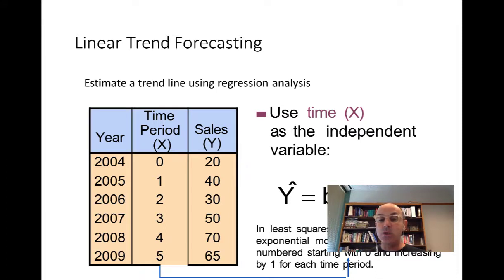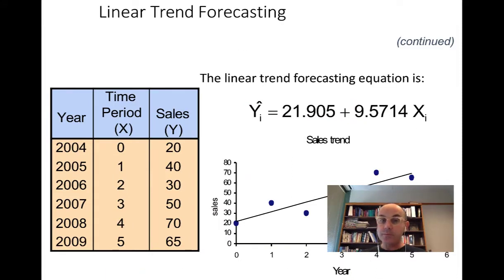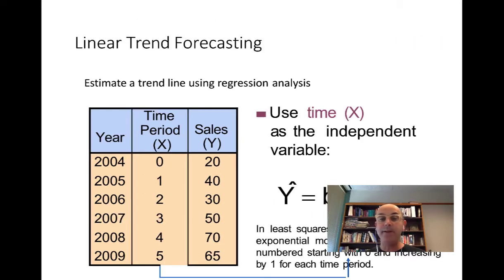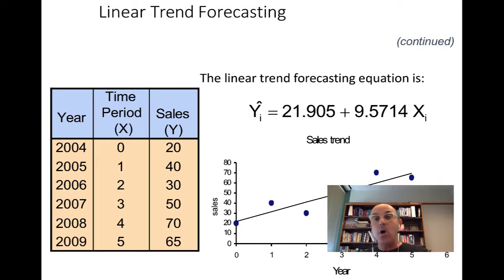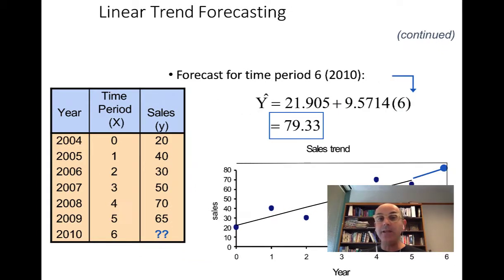So in this case, we are able to calculate the value: 21.905 plus 9.557, and we are able to predict what will happen. So again, using this formula, we have values that help us calculate what will be the next year or the future predictions about 2010.